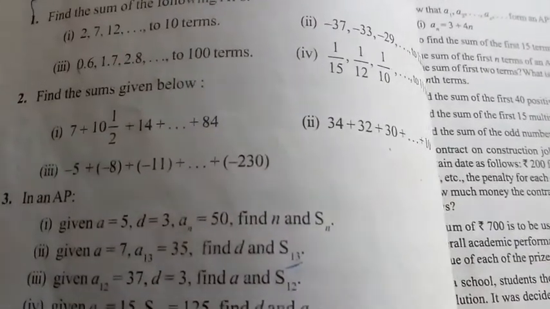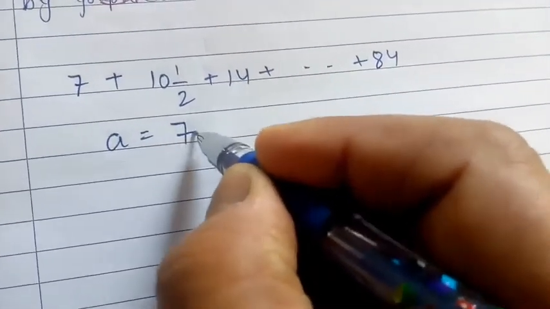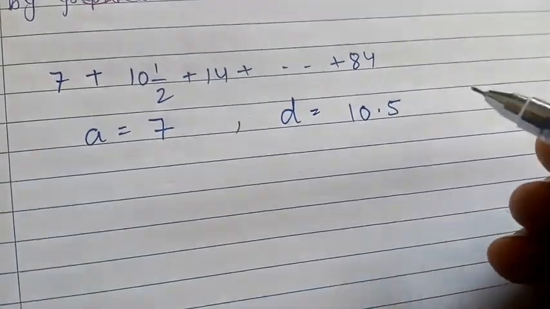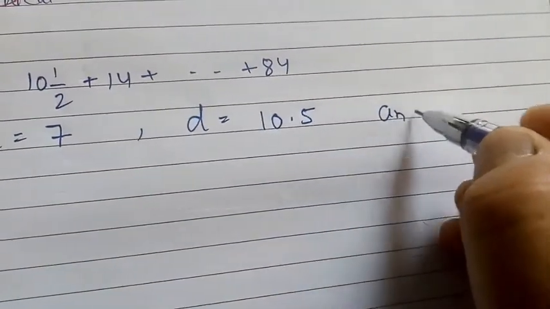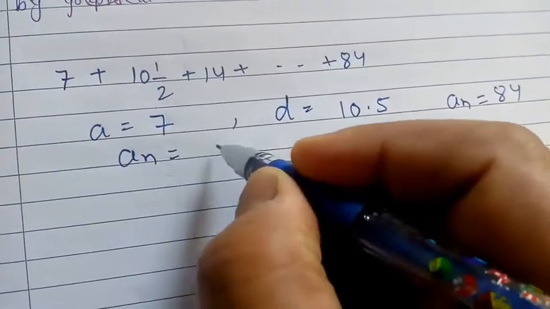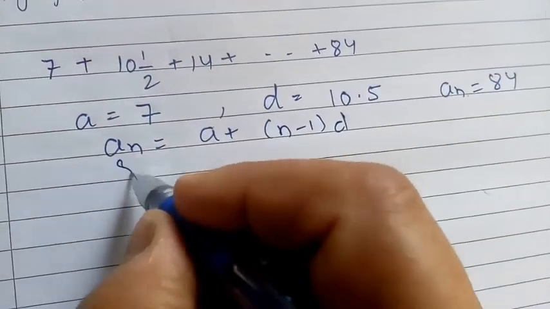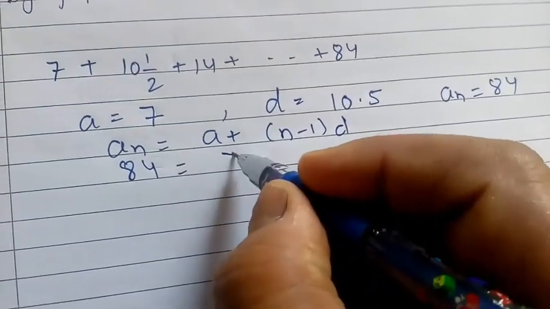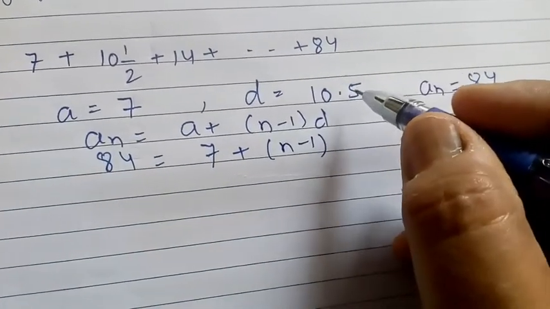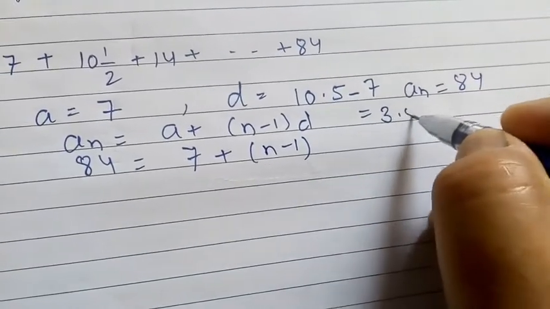See, I am solving one problem here. A equal to 7, d equal to 10.5 minus 7, and an equal to 84. These are given, so we have to find the n by the formula an equal to a plus n minus 1 into d. 84 equal to 7 plus n minus 1 into d. d equal to 10.5 minus 7 equal to 3.5.